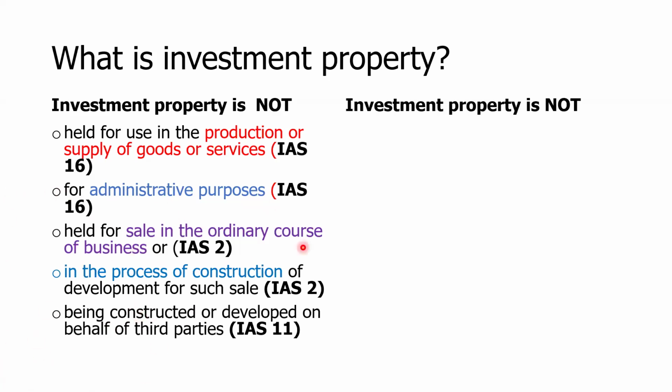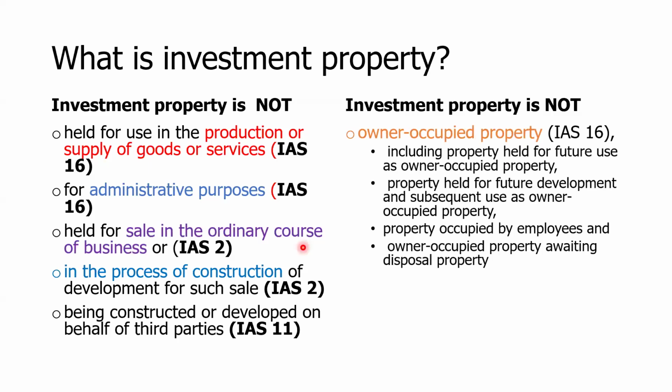Now, again, investment property is not an owner occupied. Investment property is not an owner occupied. By owner occupied, we mean including property held for future use as owner occupied, property held for future development, property occupied by employees, or owner occupied property awaiting disposal.